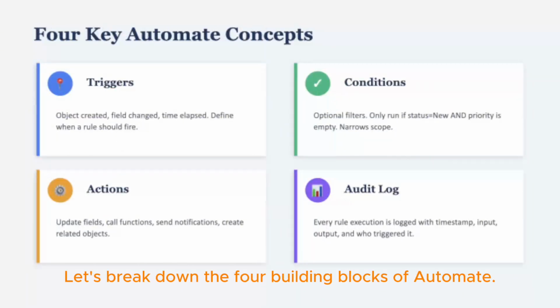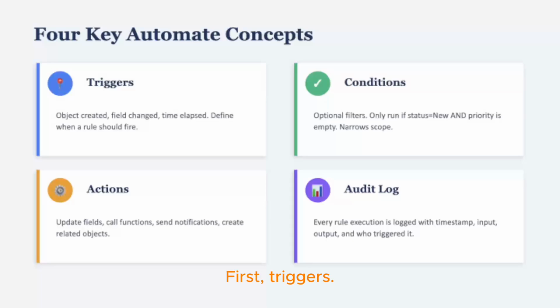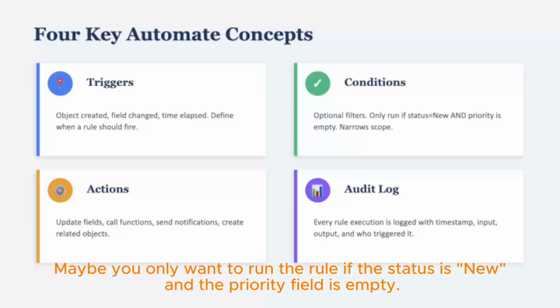Let's break down the 4 building blocks of Automate. First, triggers. These detect when something happens. An object gets created, a field changes, time clamps. Second, conditions, your filters. Maybe you only want to run the rule if the status is new and the priority field is empty.